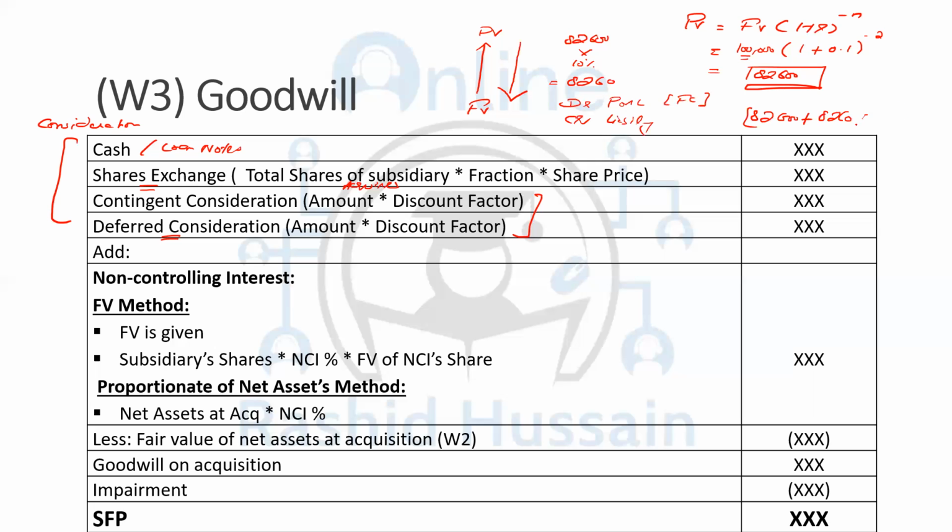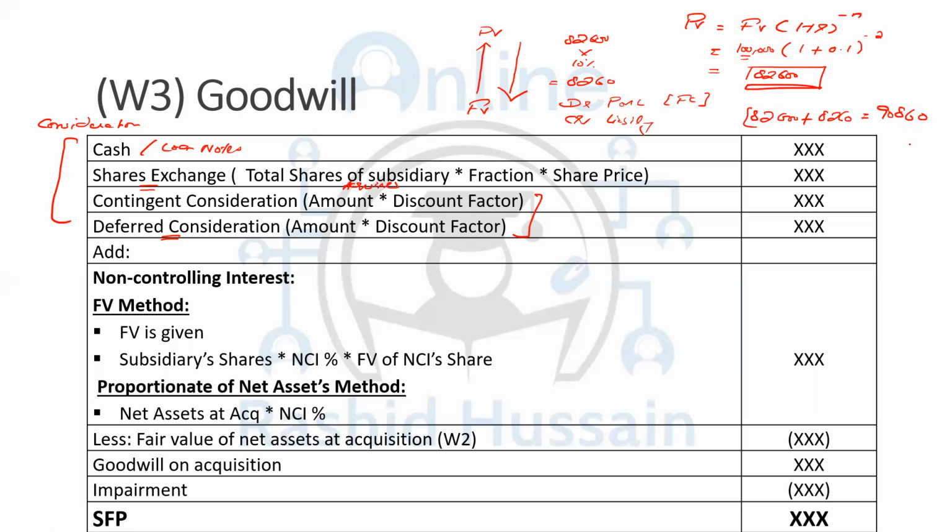In the next year, you're again going to multiply 10% with this figure. Let me just calculate it on my calculator. 82,600 plus 8,260 gives you 90,860. In the next year, we multiply the 10% with this figure.